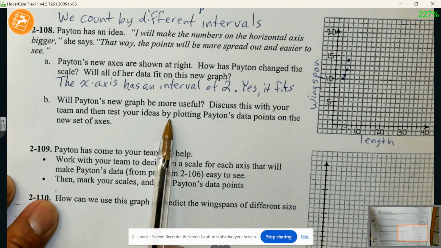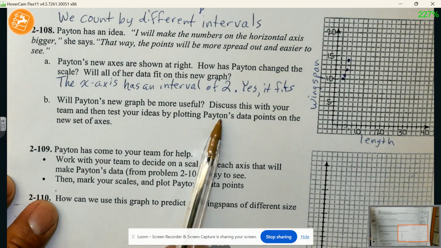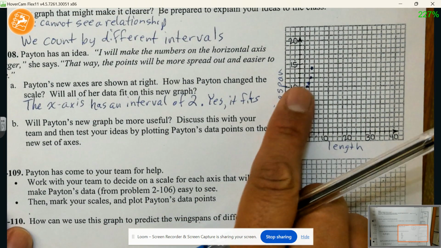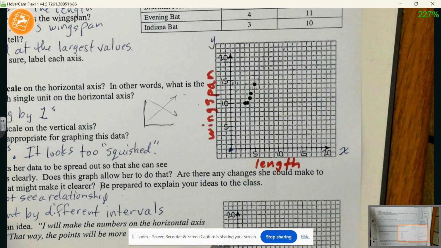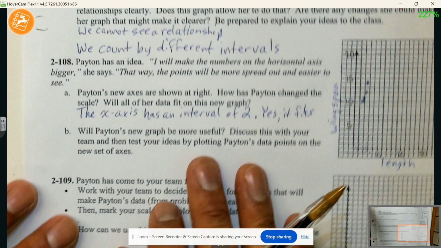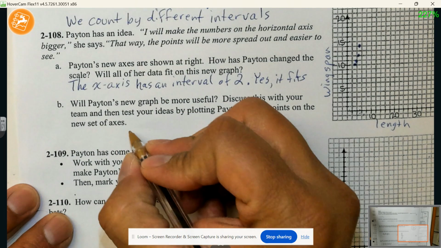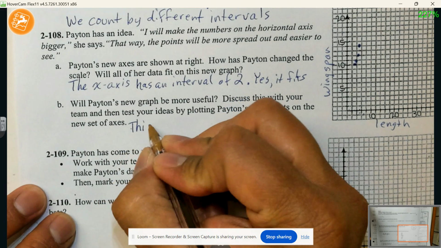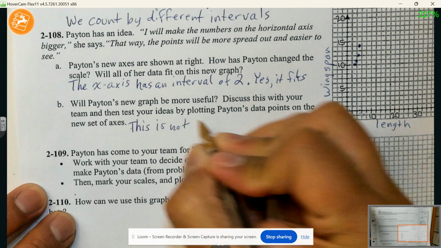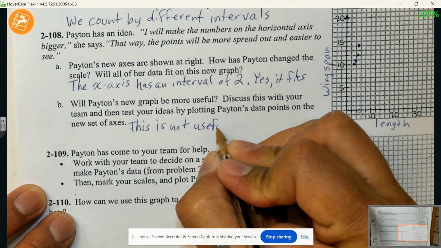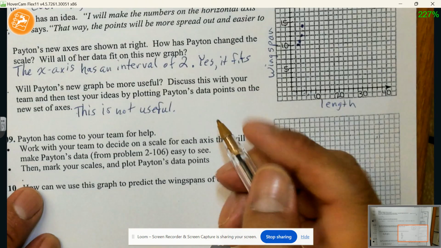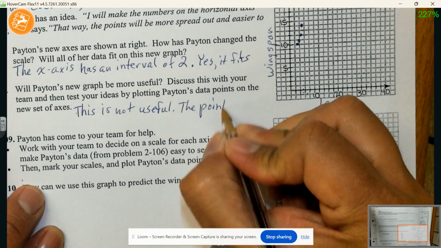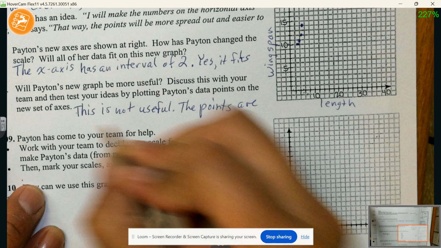And discuss this with your team and then test the ideas by plotting the data points on the new set of axes. So we already did that. And is this data useful? Is it more useful than this data? Okay, so what you should have figured is this is not useful because the points are hard to see.